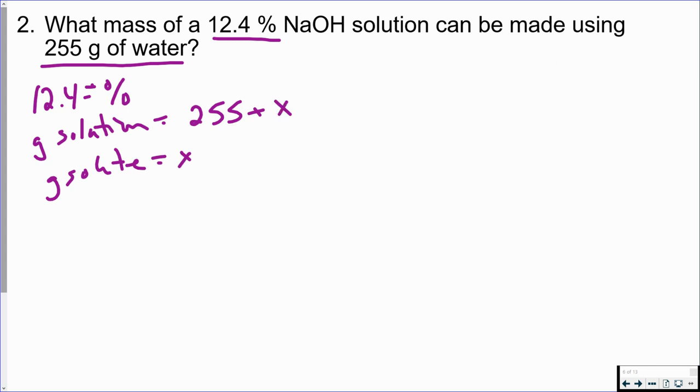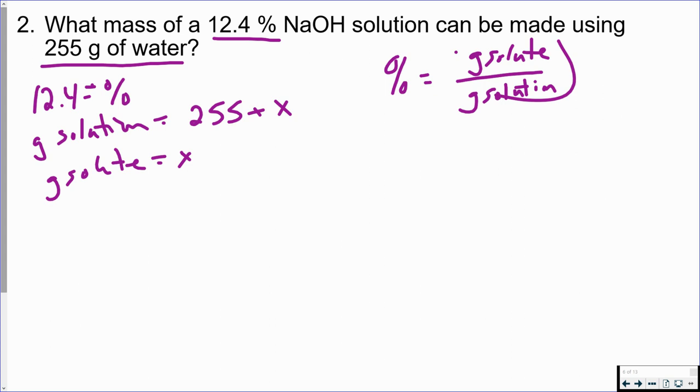So when we plug this into our equation, what really happens is you have your percentage, you have grams of solute over grams of solution, and you have the 100. So when you divide by 100 on each side, and then we're going to multiply by grams of solution on both sides.